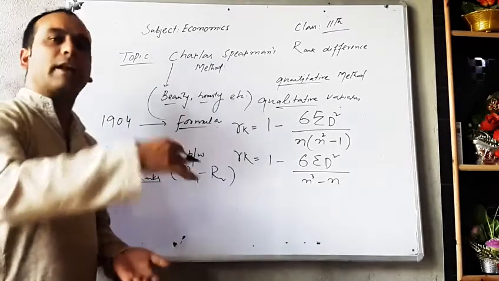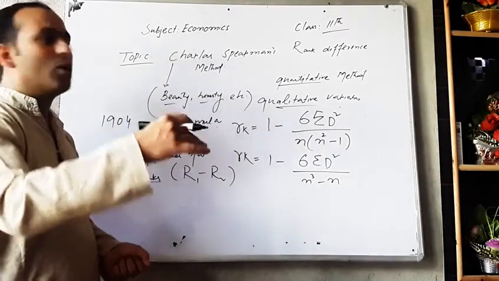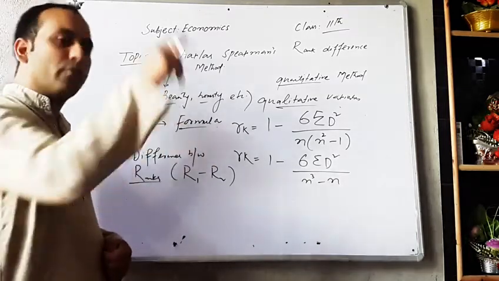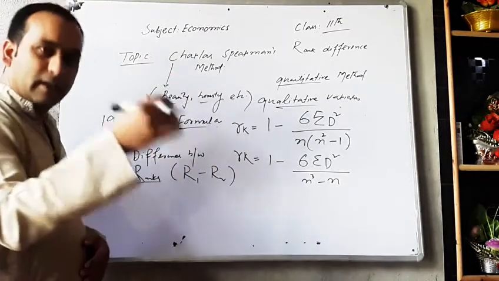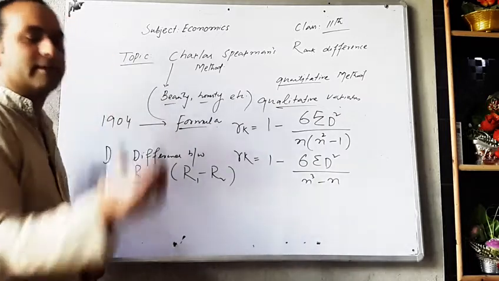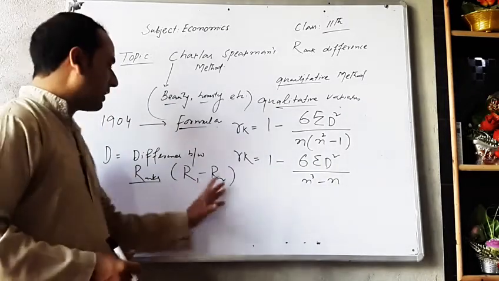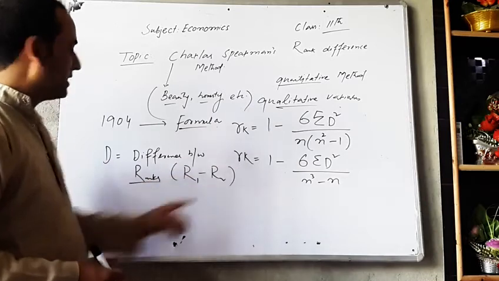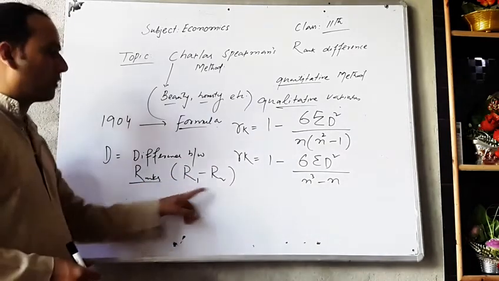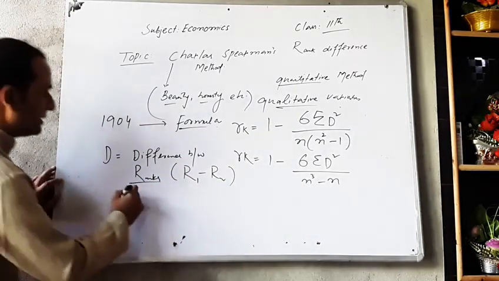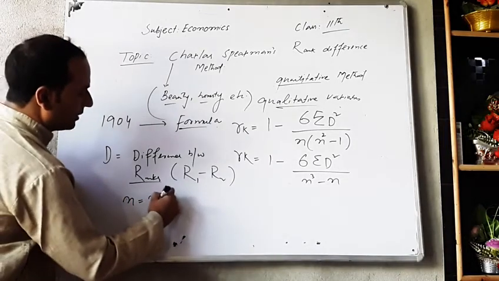Here we simply give the ranks. If a person is most beautiful, we give him the 1st rank. If another is less beautiful than the first, we give him the 2nd rank. Likewise, we give the ranks. So d is the difference between two ranks, that is R1 minus R2, and n is the number of pairs.